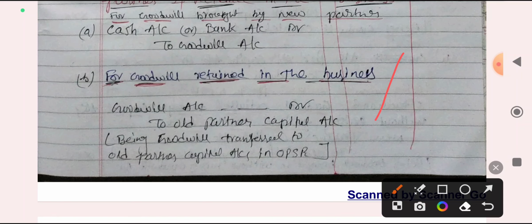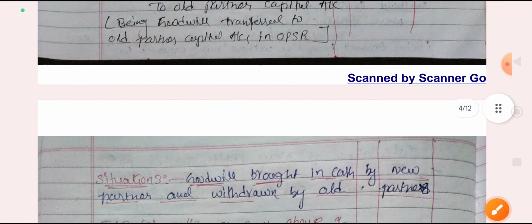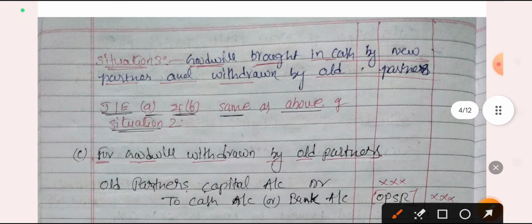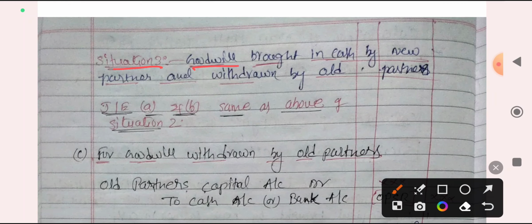Next, situation 3, goodwill brought in by new partner and withdrawn by the old partners. General entries A and B are the same as above in situation 2.